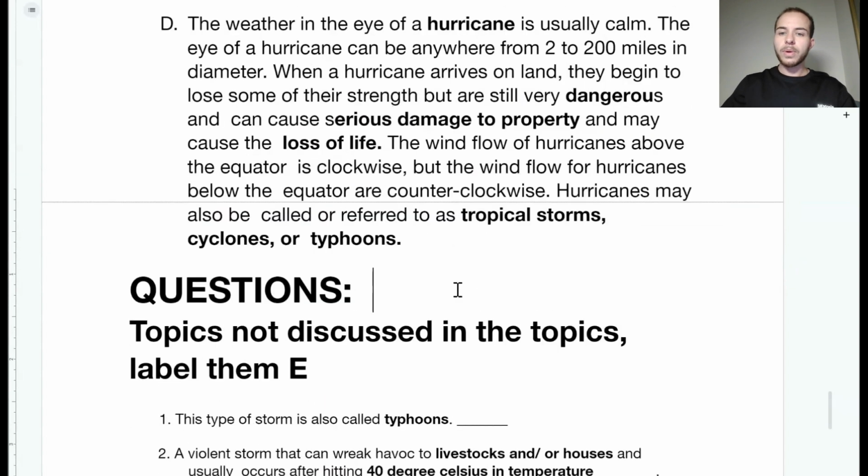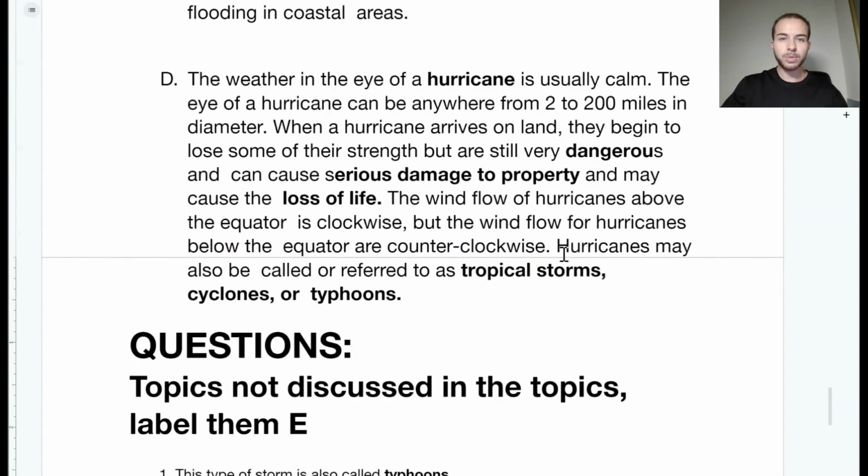Okay, definitely one question asked us about damage to property, so I highlighted that.